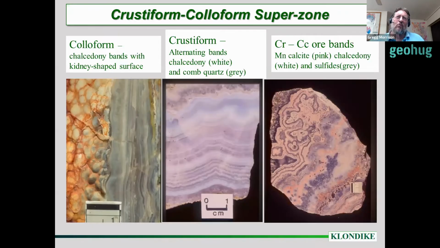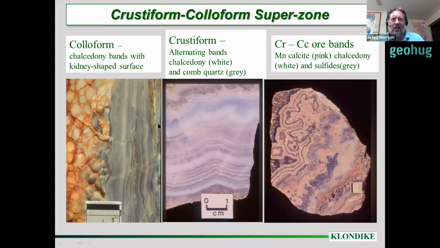In the crustiform-colloform zone, the colloform is distinct from crustiform, but the ores have it all together. This is a classical colloform surface. This is chalcedony with a rough, rounded upper surface that has a kidney-like form here. So that's a botryoidal form of silica.